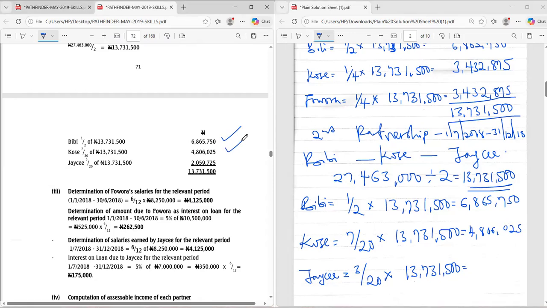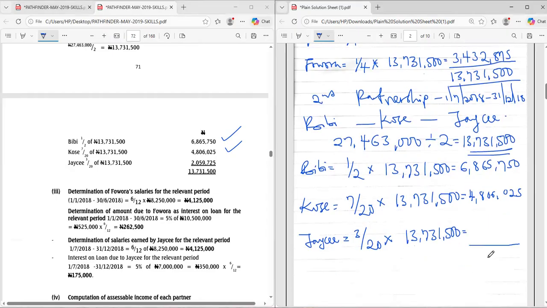So checked. Correct. Next. Total must give us the same 13,731,500. 2,059,725. That is all for AII.